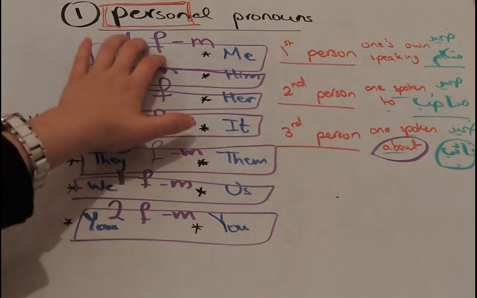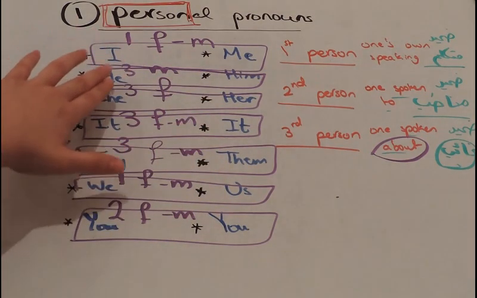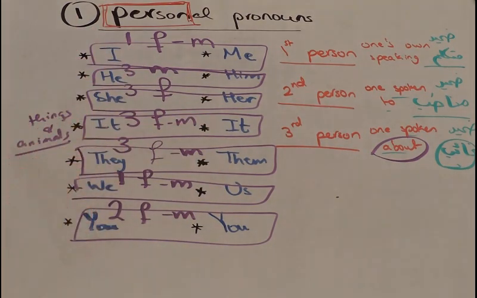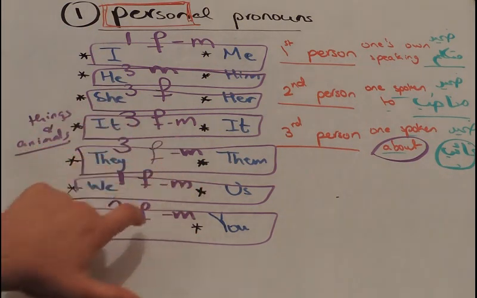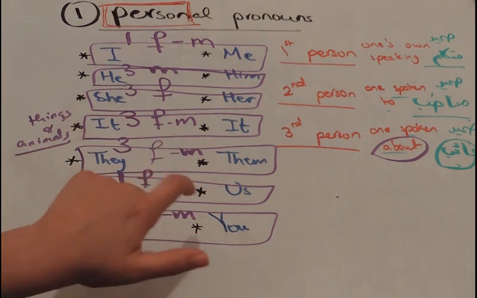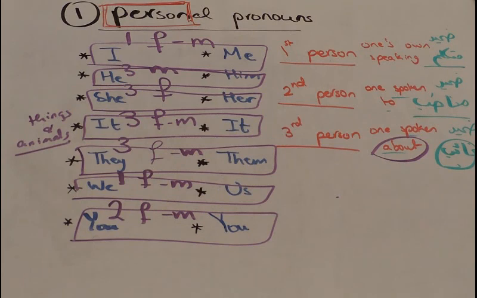Okay, we explained female, male, first, second, third person. So now that we know the differences, we have 3 differences, and I only mentioned 2 here because the third difference is going to be explained alone.